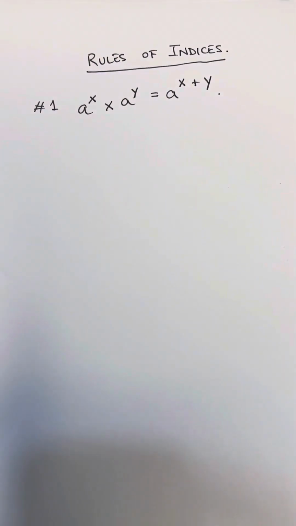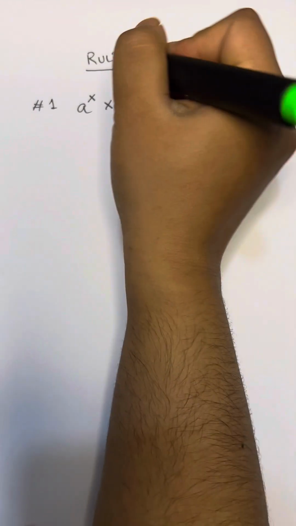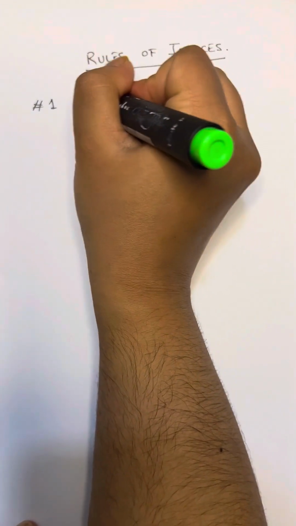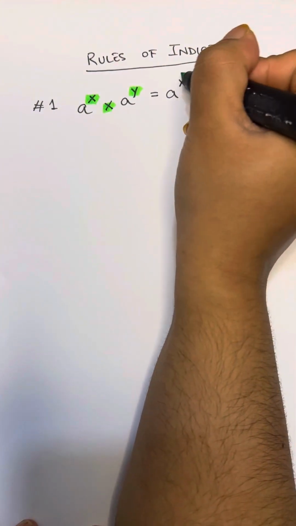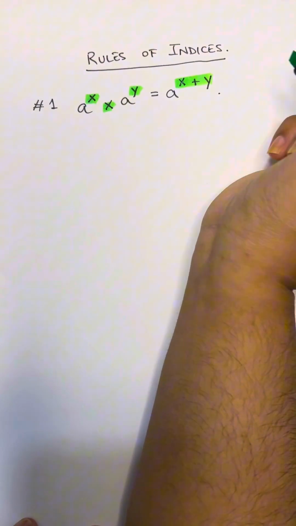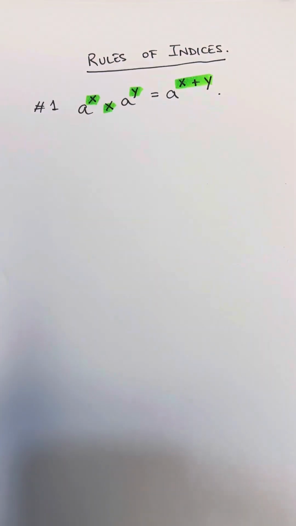So what does this mean? It means that when you see a multiplication, the exponents are going to be added up together.